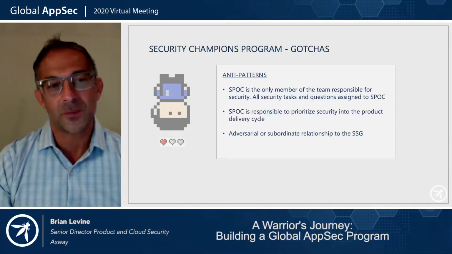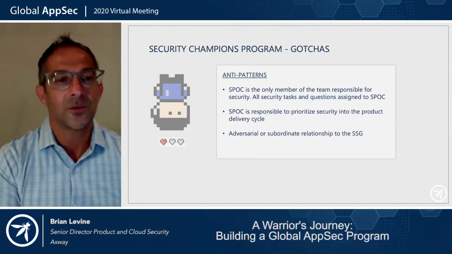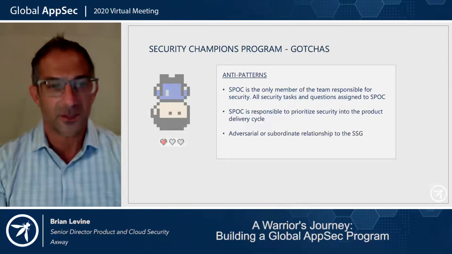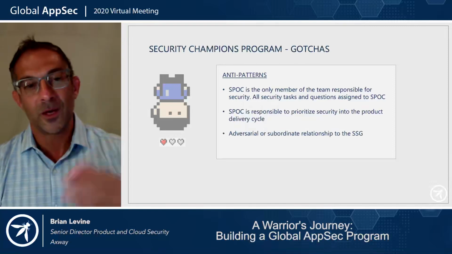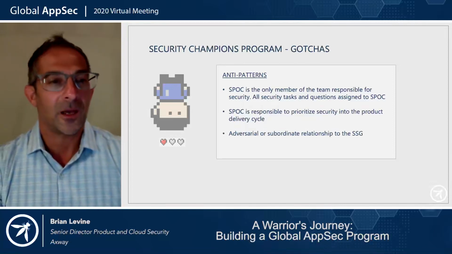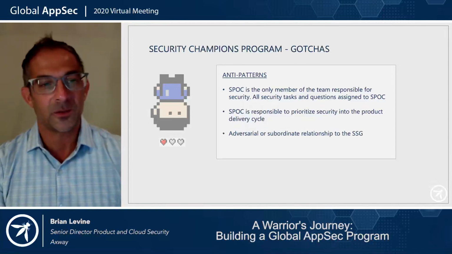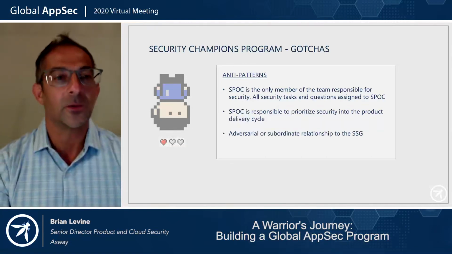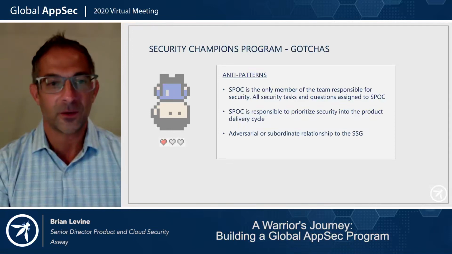It is not always the SPOC's responsibility to create the pipeline or create the DevOps tooling to run the scans. The SPOC is responsible to help triage and review the findings and then put them into the backlog, but then the entire development team is responsible to work on that backlog, fixing security issues.